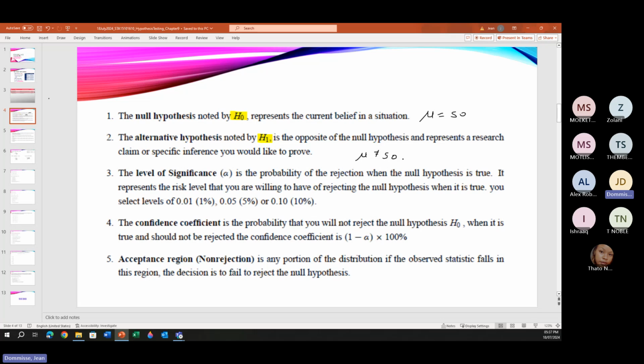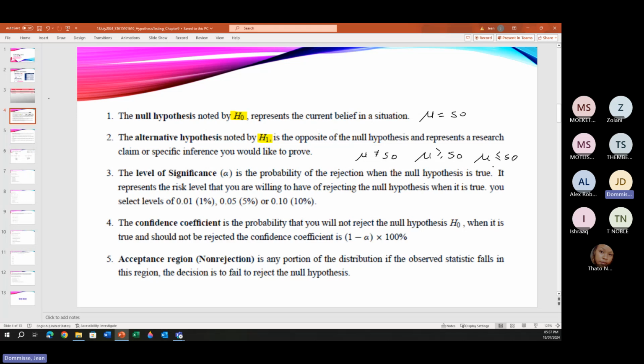That means it can be bigger or smaller than 50. We can also say the alternative hypothesis is bigger than 50, or smaller than 50.